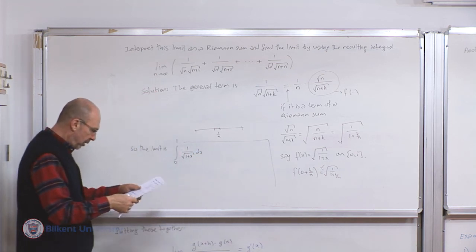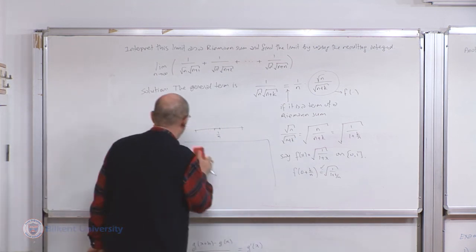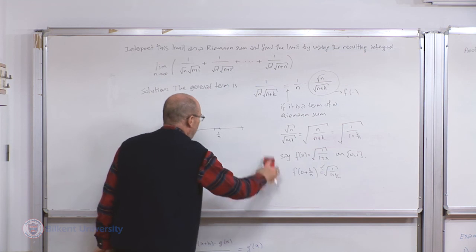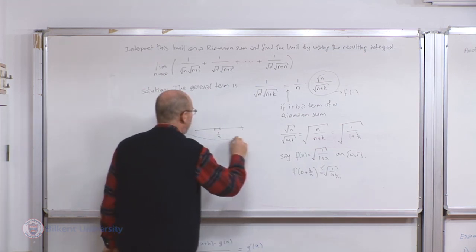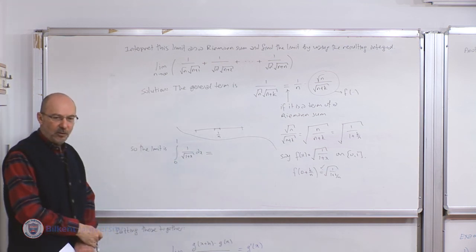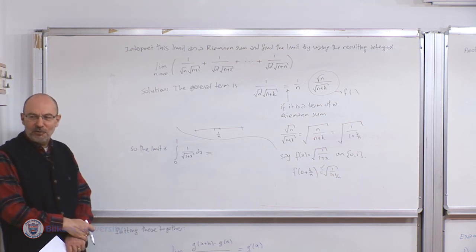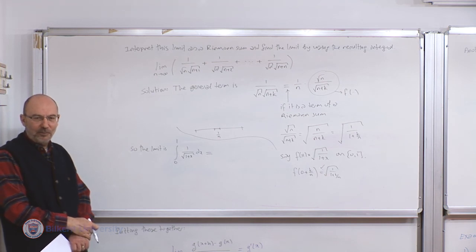Now the fundamental theorem of calculus tells me that I have to invent a function whose derivative is equal to this function. Here you are on your own. This is integration. There are no rules. Think of a function whose derivative is 1 over square root of something.